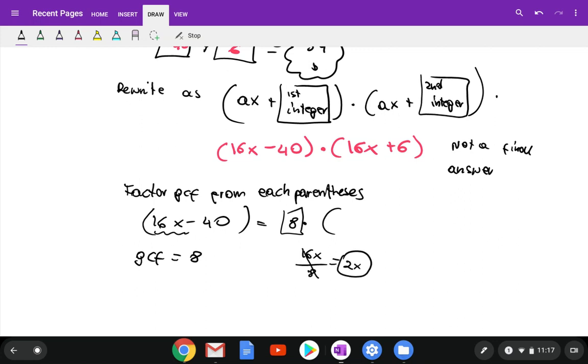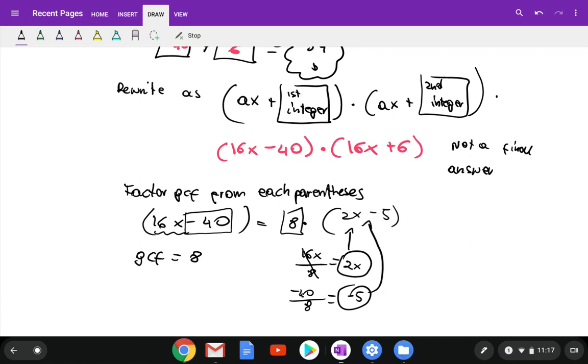So 2x goes inside the parenthesis. And then take the second expression, which is negative 40, divide by the GCF, which is 8, and we end up with negative 5. That negative 5 will go here.